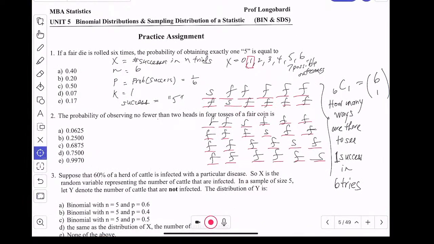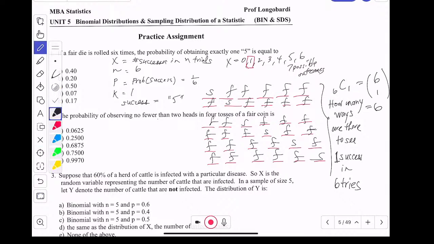Now in the notes I provide a formula for this, and that formula obviously is programmed into the calculator. You don't have to use the formula, you just have to use your calculator to get it. So there's 6 ways of seeing a success and all the rest failures. And I found it by this combination, the value of 6 choose 1.